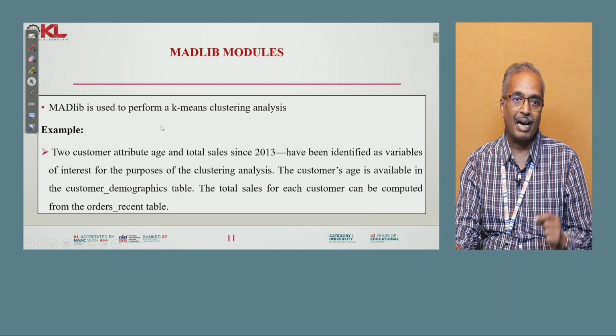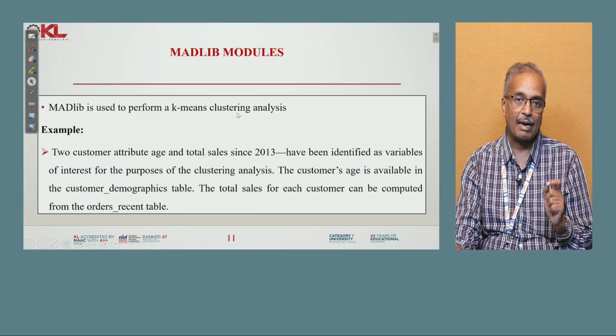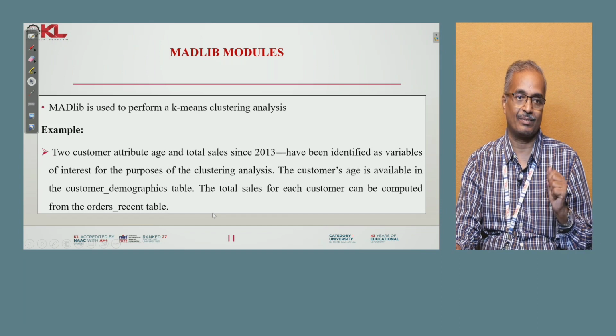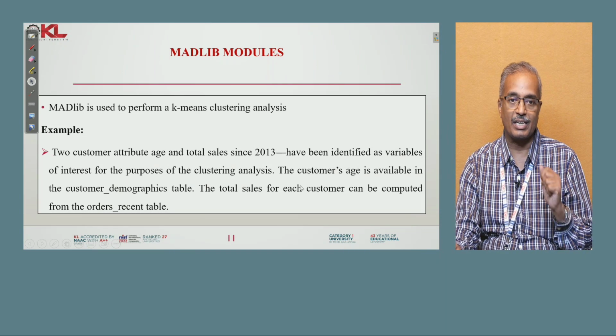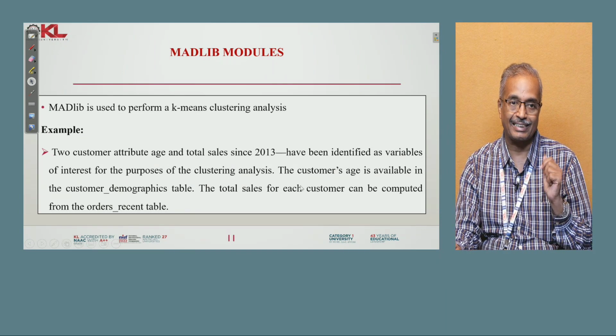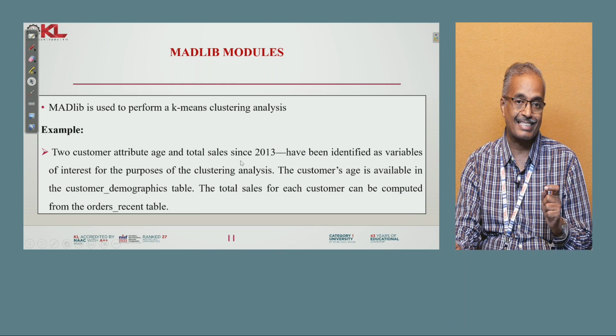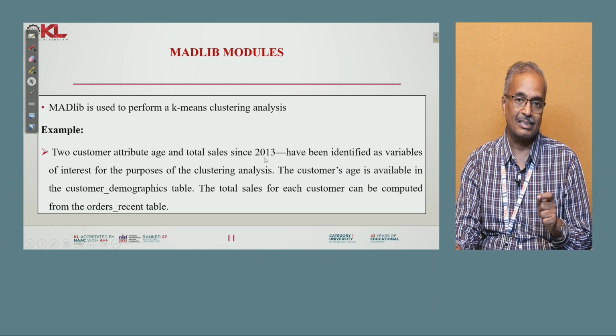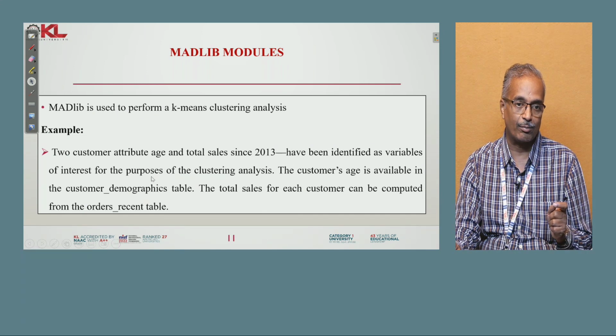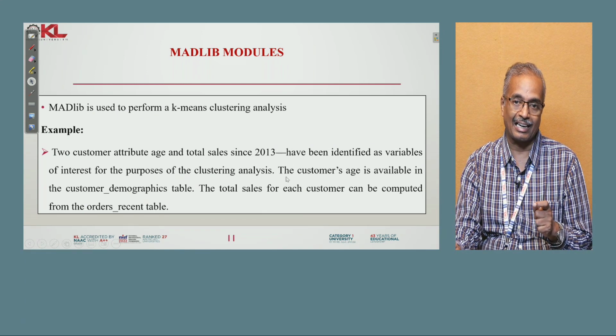Next, MADlib is used to perform k-means clustering analysis. Here one example is given in this presentation. Two customer attributes, age and total sales since 2013, have been identified as variables of interest for the purposes of clustering analysis.